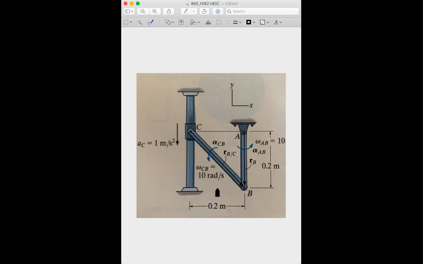Sorry. Anyway, that's the answer. So now you'll know if we get to the right spot at the end. What we're supposed to find is the angular velocity of link AB.